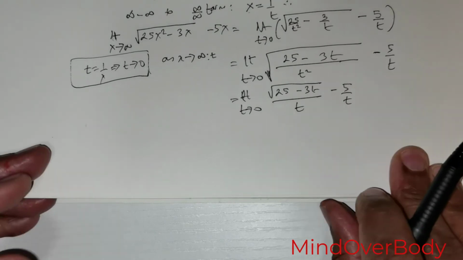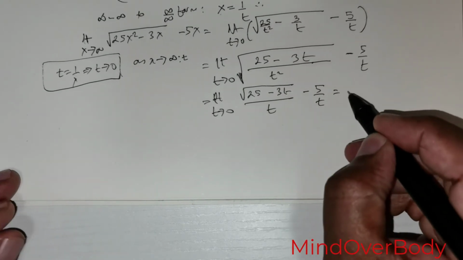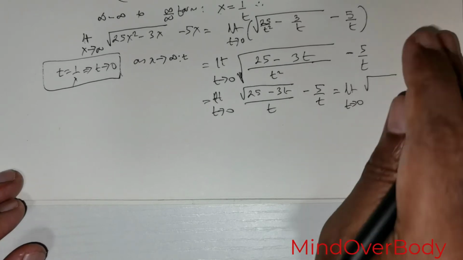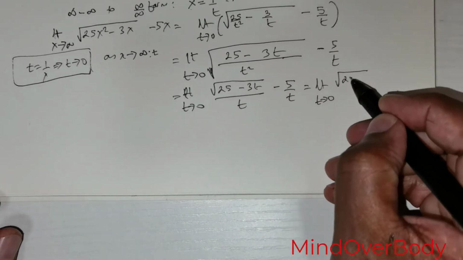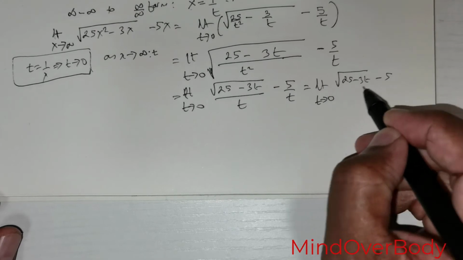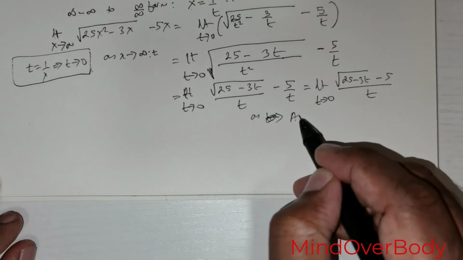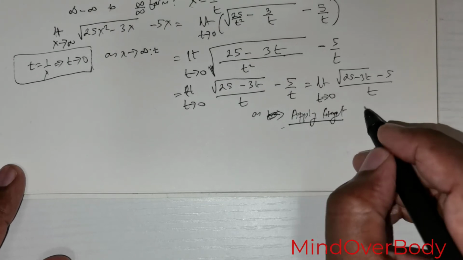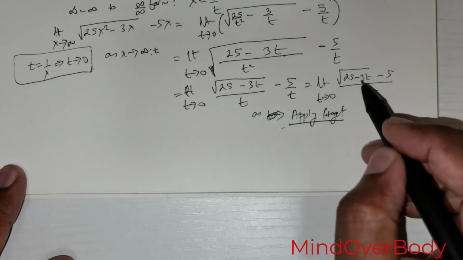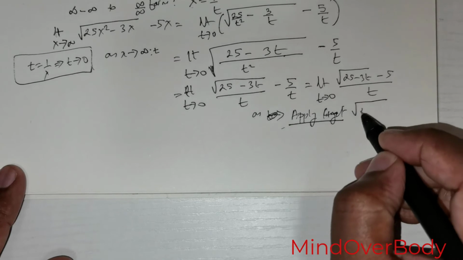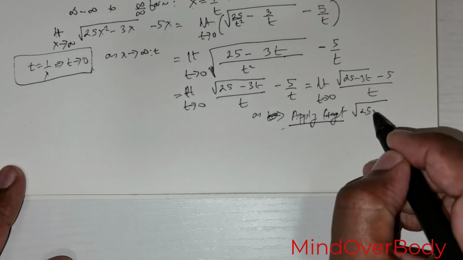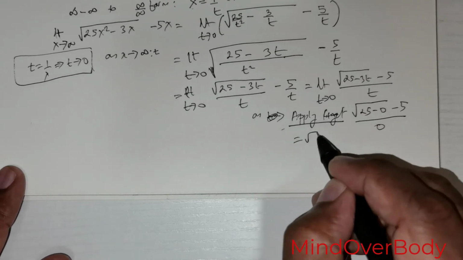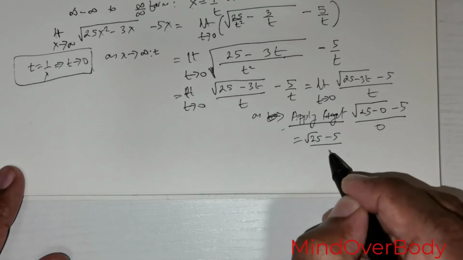Now this can be further rewritten as limit t tending to 0 of root of 25 negative 3t minus 5 divided by t. Applying limits, what do we get? This is going to be root of 25 minus 0, followed by negative 5 divided by 0. Now this is going to be root of 25 minus 5 divided by 0.